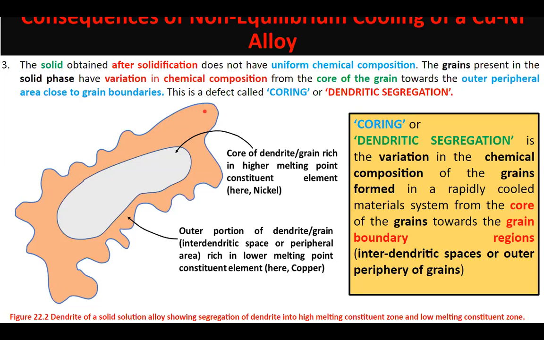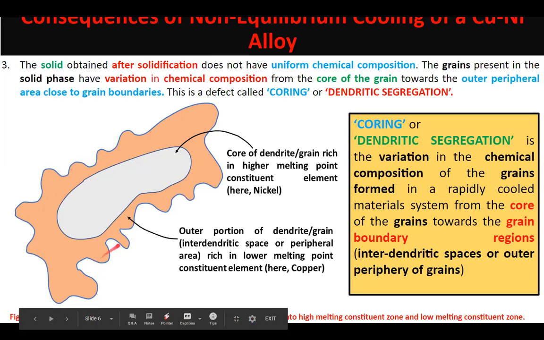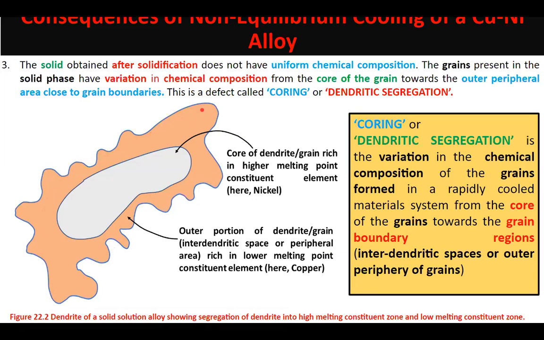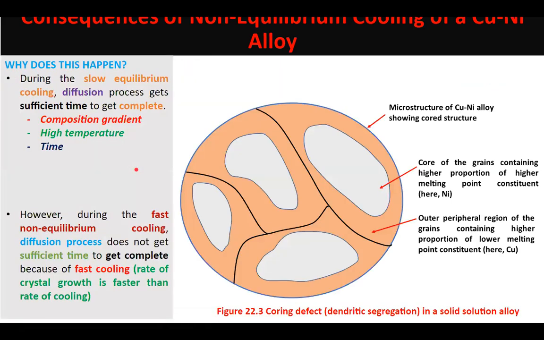So in the case of copper-nickel, copper is the lower melting point. The excess of copper would be close to the grain boundaries or in the outer fringes of the dendrites. Nickel is the higher melting point constituent, so the middle portion of the dendrite or grain would be rich in nickel. If equilibrium cooling is done, diffusion will eliminate all these dendritic zones.